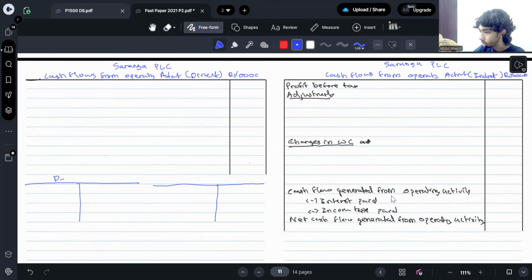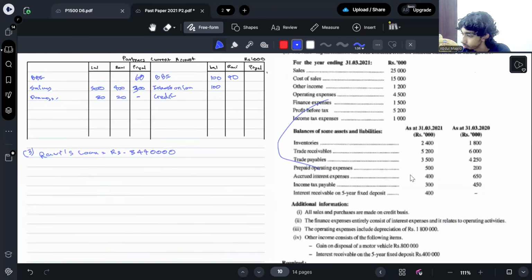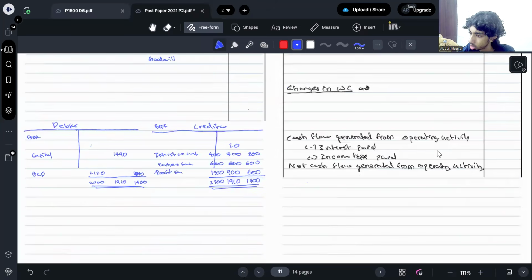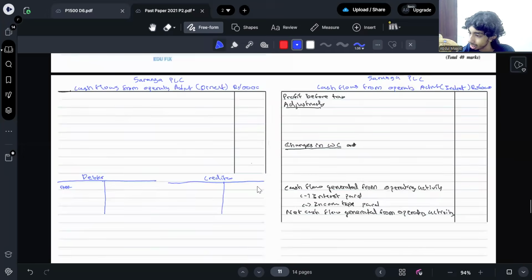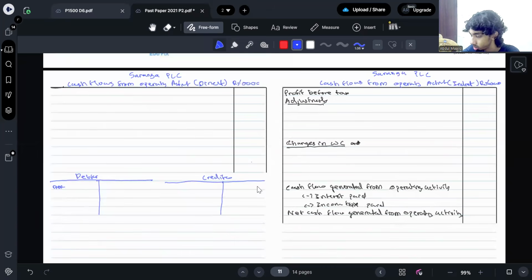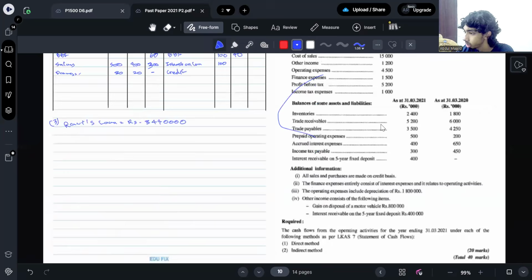Debtor, creditor. So you can put the opening balances. Debtor's opening balance, BBF. Be careful of the dates, don't mix it up. 6,000 and 5,200. And now all the sales are made on credit, right?